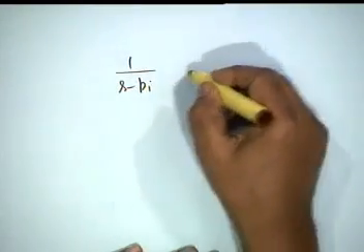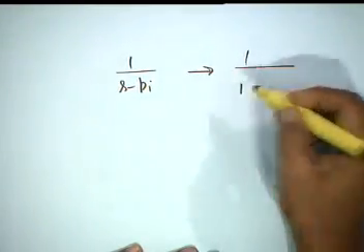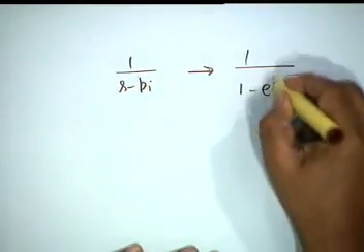The weakness of this transformation is that H A of s may not be band limited. How does it reflect in the transformation? 1 by s minus p i transforms to 1 by 1 minus e to the p i t z inverse.